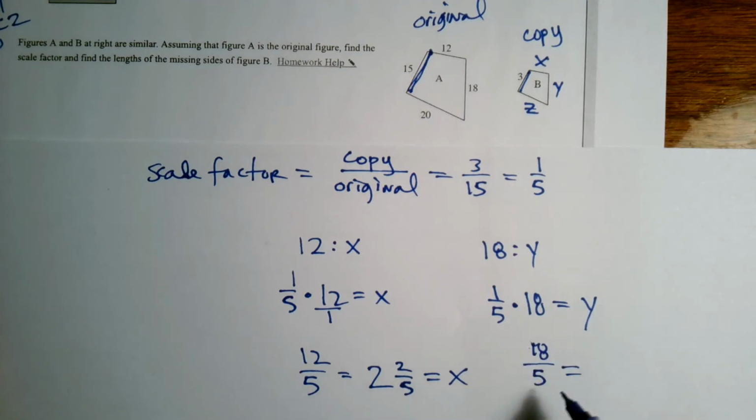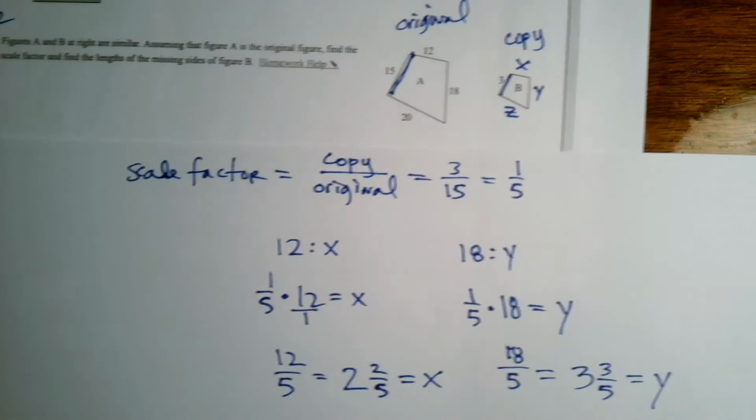As a mixed number, 5 goes into 18 three whole times with 3 remaining. So it's 3 and 3/5, and that's what Y is. That's that length there.